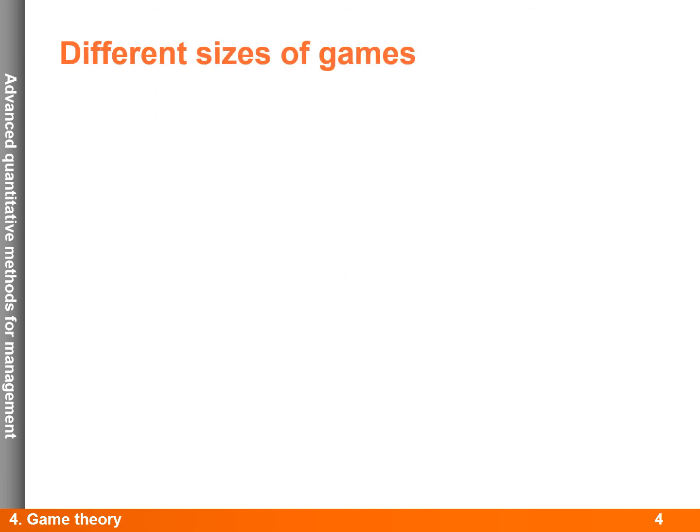After reviewing the last two examples, I want to tell you that in a general form, we have games with different sizes. As you remember, before I told you, in a general form, m multiplied by n shows the size of the whole game.